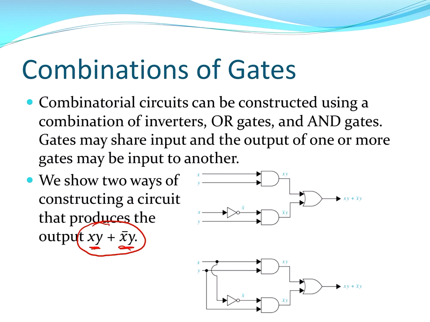These two representations we have here are very similar. In one, we have a specific input for each variable twice, and in the first one they are multiplied together. In the second one, we take the complement of one, then multiply them together, and then we sum them using the OR gate.